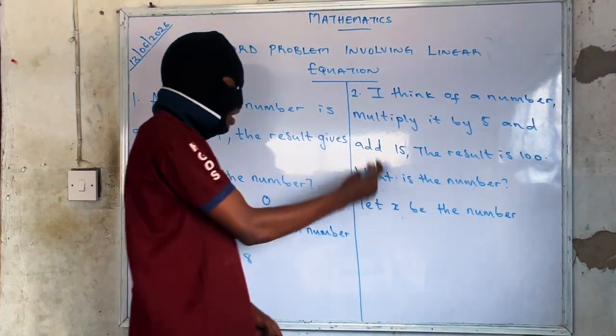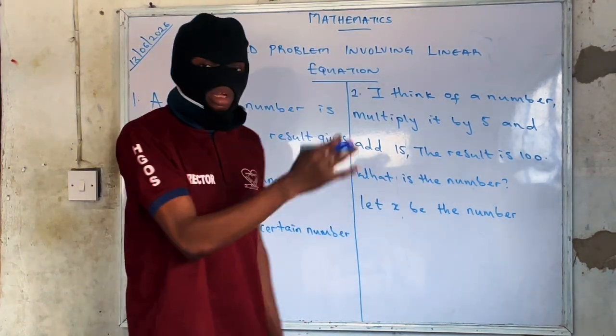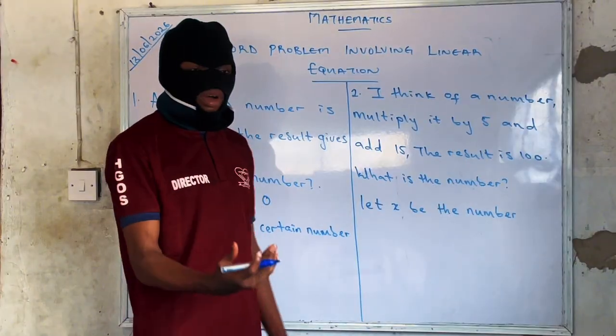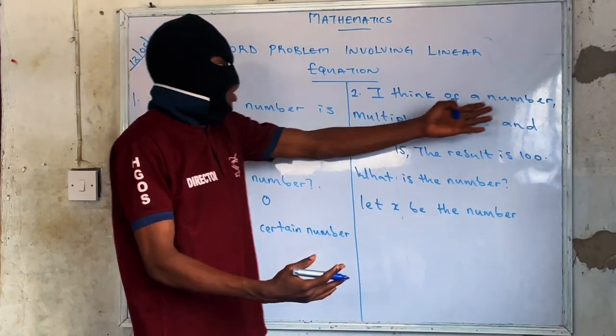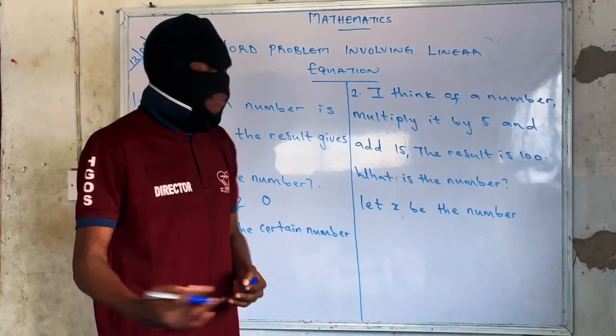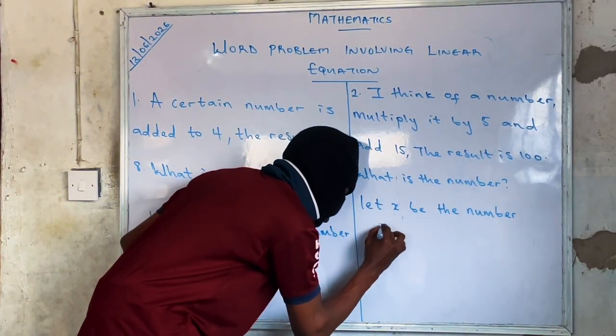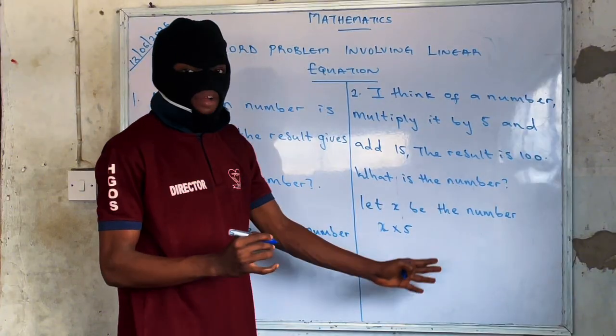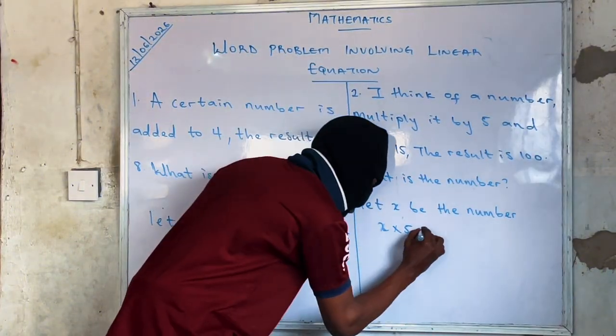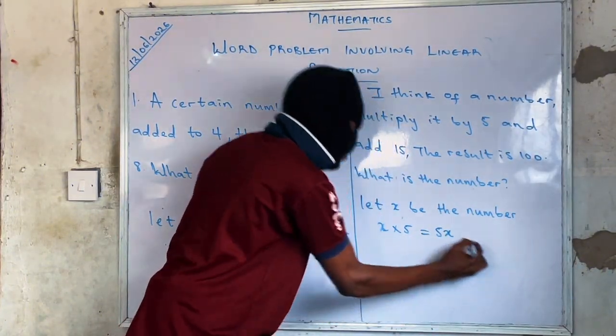Since we have already used x to represent the number, now I think of a number, I multiply it by 5. So it has x times 5, because we are multiplying it by 5. Now x times 5 will give us 5x.